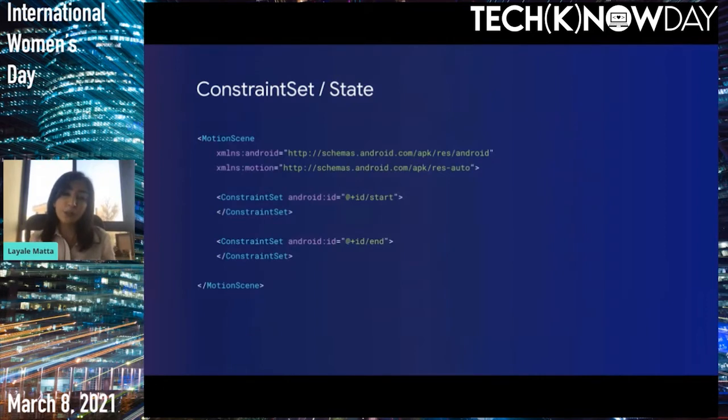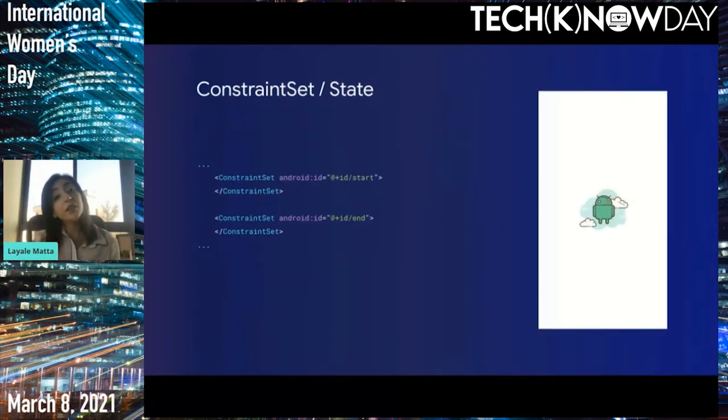Now, if we go into the motion scene file, we can see that Android Studio created 2 constraint sets for us. One is labeled start and one is labeled end. Here, both constraint sets start and end are empty. So it will use the constraints from the layout that we defined at the start.